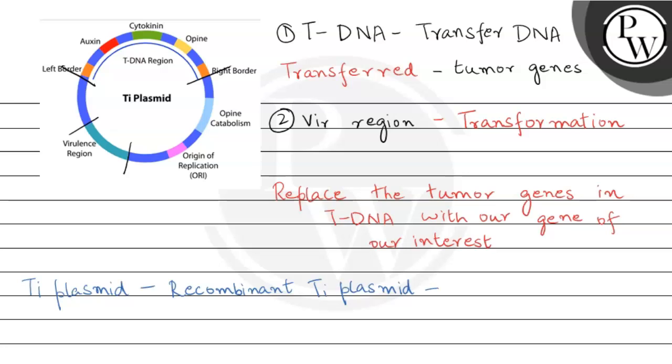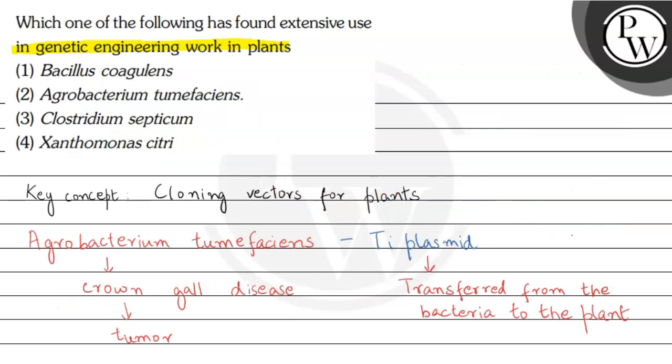So the recombinant Ti plasmid is acting like a cloning vector. So we can say that the species which is most commonly used for genetic engineering in plant cells is Agrobacterium tumefaciens.